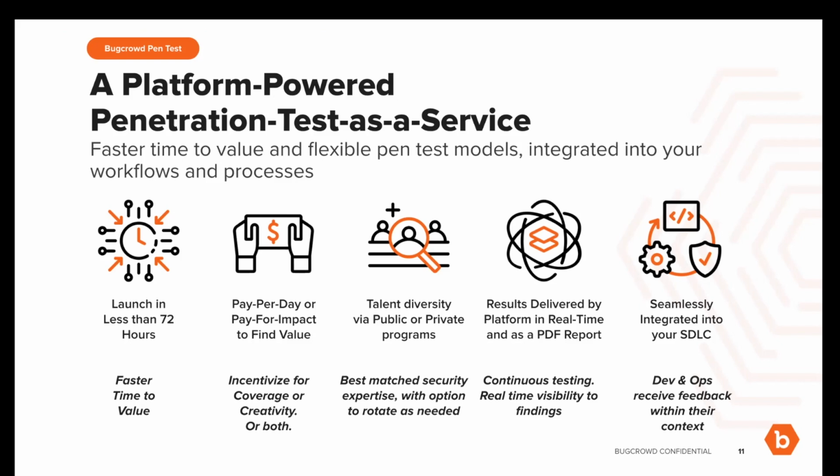So the developers and operations teams now receive feedback within their context, and it's easier for them to consume them and fix those vulnerabilities, which eventually is the goal, making sure that you can remediate those findings as soon as possible. So Bugcrowd, the platform, as well as the operations teams, make sure that you can integrate the crowd into different security use cases and workflows, in this case, pen testing, all within the same platform.